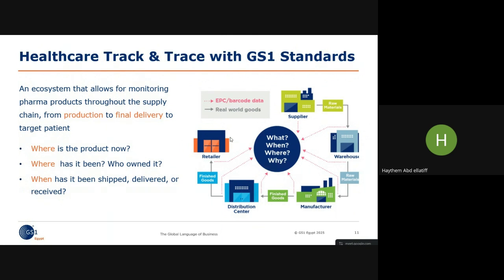So let's start with what track and trace means. Track and trace means monitoring pharmaceutical products from production until final delivery to the patient. Track and trace answers four main questions: what, when, where, why. And we will answer these four questions through the presentation.